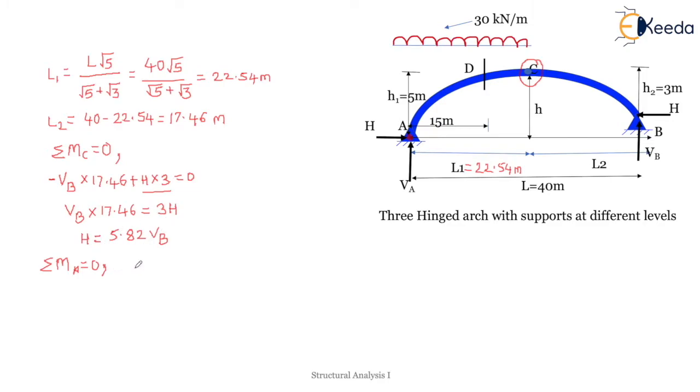Now again, this VB is in anti-clockwise direction. When you consider moment about this point, VB goes anti-clockwise. Then H also travels like this, so it is also anti-clockwise, and UDL will be clockwise direction. Accordingly, write this equation.